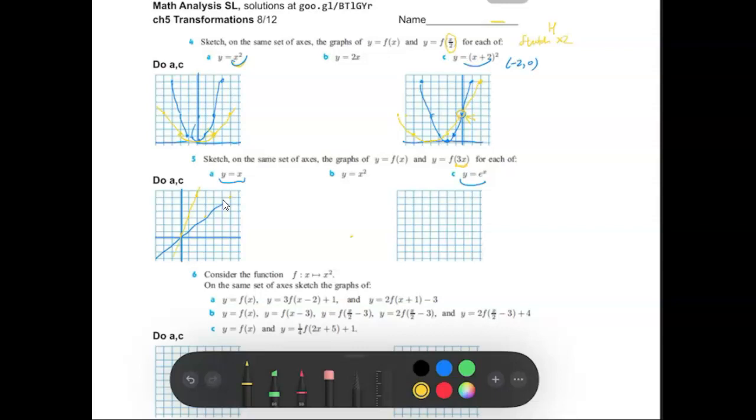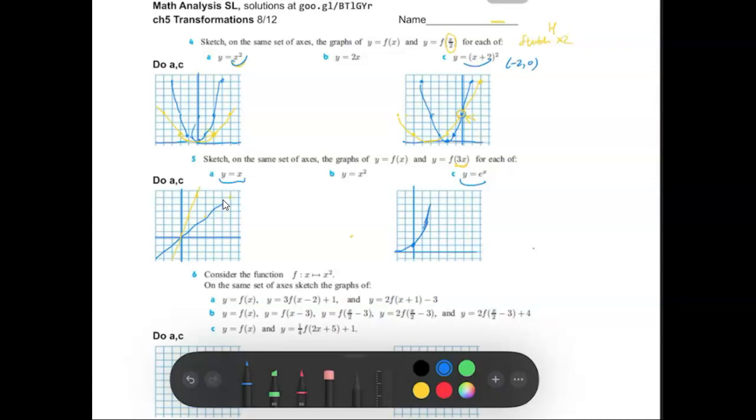Okay, let's do y equals e to the x. So e to the x looks kind of like that.